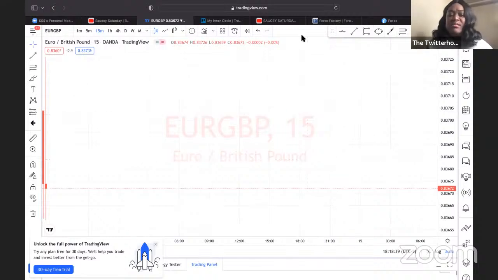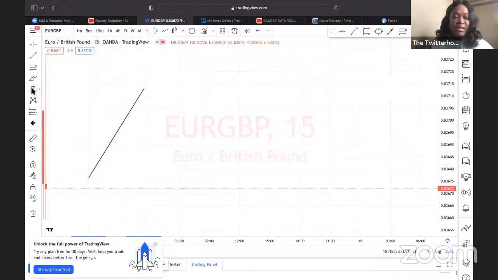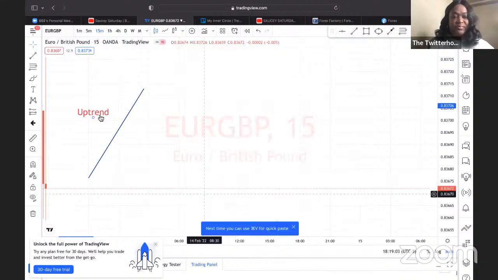price moves in three ways. It moves up, and when it's moving up, they say it's an uptrend, right? It's price moving up.